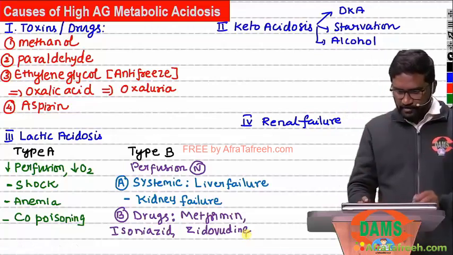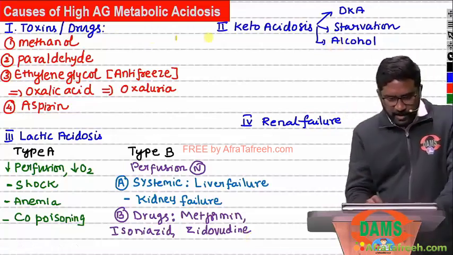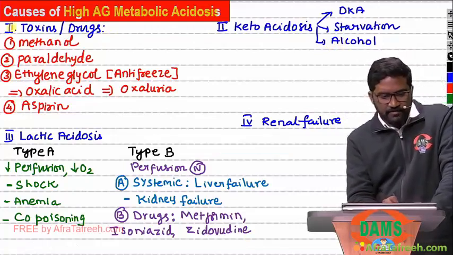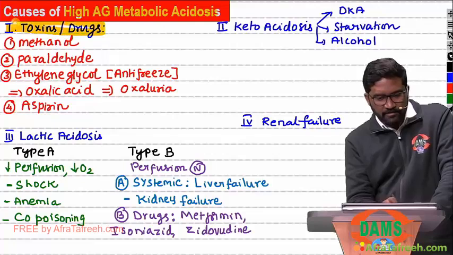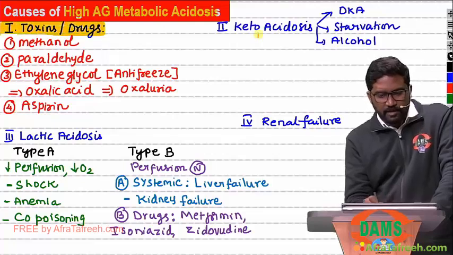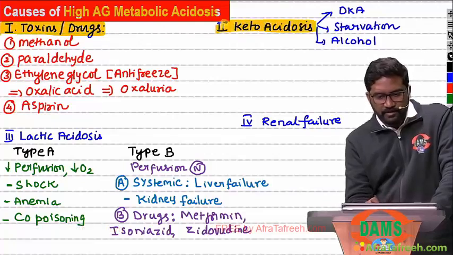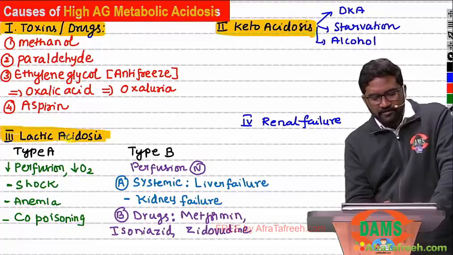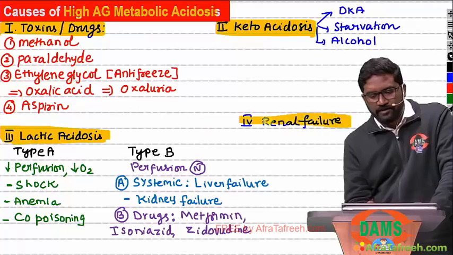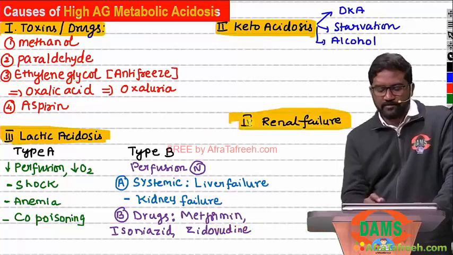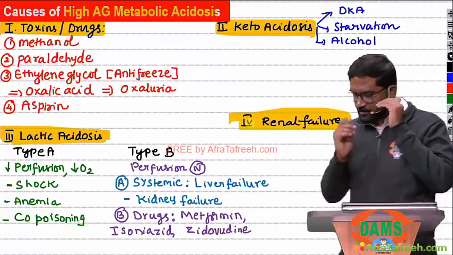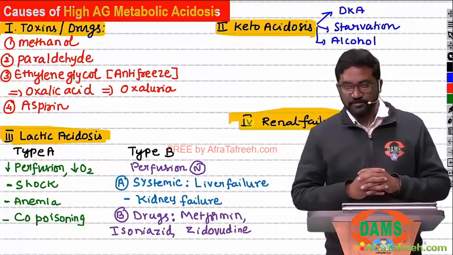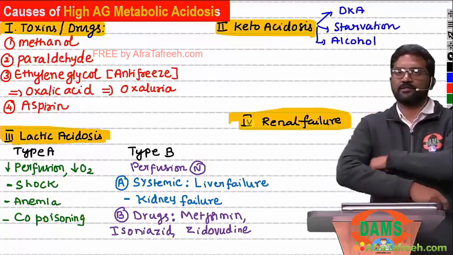So whenever you come across high anion gap metabolic acidosis, think in terms of either toxins or drugs, possibility of ketoacidosis, possibility of lactic acidosis, possibility of renal failure. Very, very important clinical concept. High anion gap with relevant history should always be taken significant.